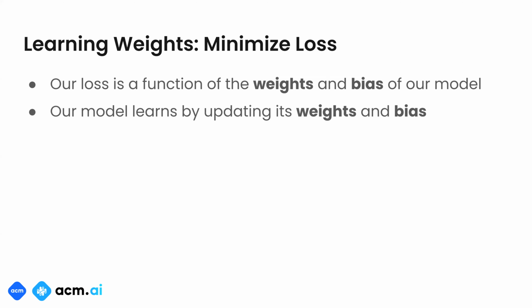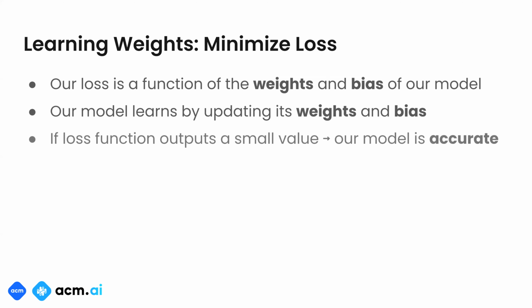That's our goal with machine learning in general: to update our weights and biases, because they determine our loss. If we update these weights and biases, we can make our loss go down, and that signifies a better model in the long run.